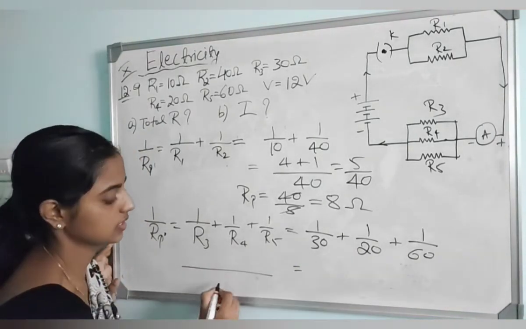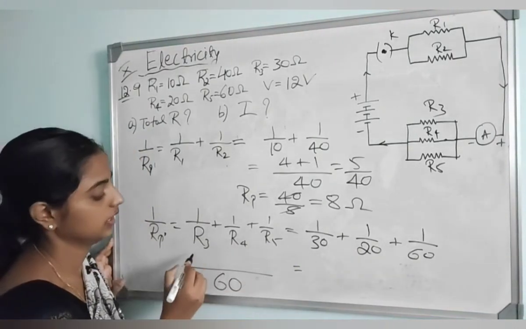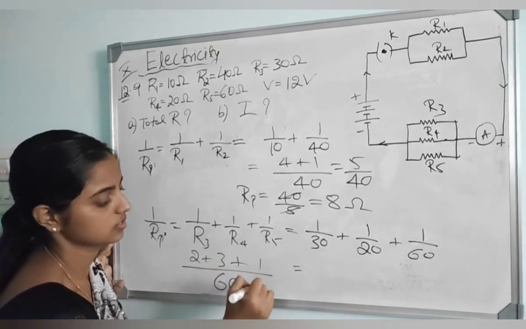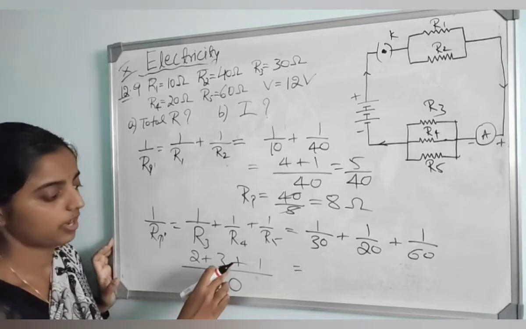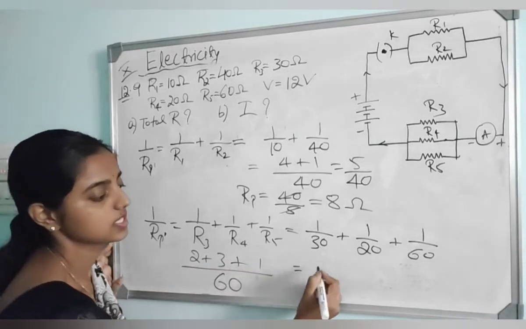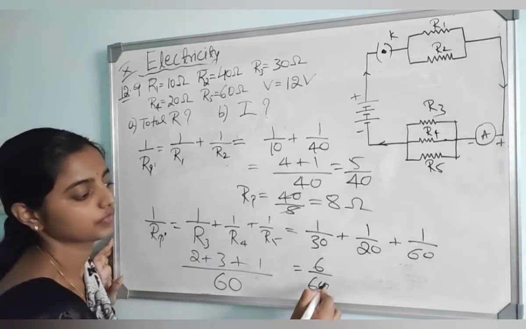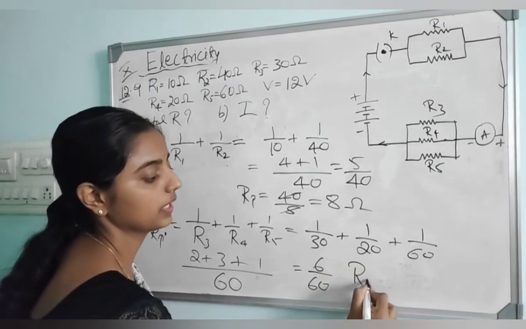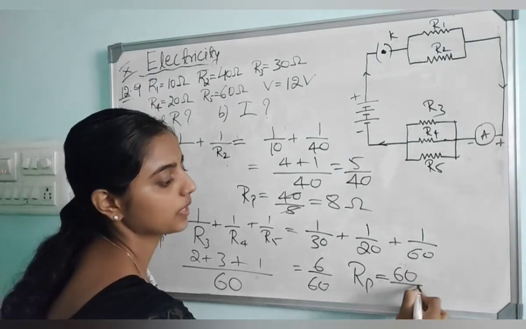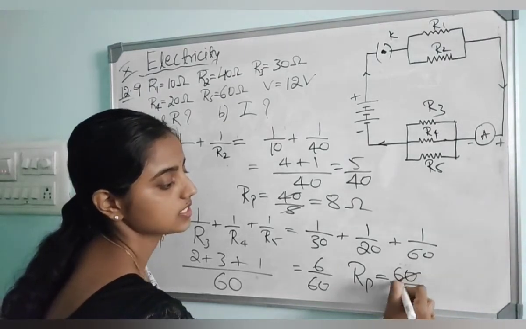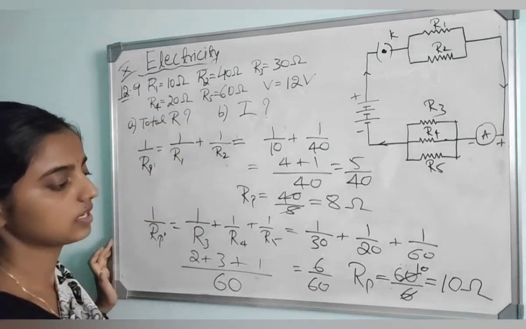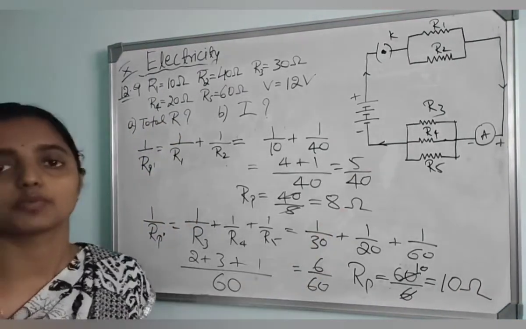So how much will you get? 60. 30 2s are 60, 20 3s are 60, 60 1s are 60, so 2 plus 3 plus 1 is 6 by 60. Next step, reciprocal. So Rp equals 60 by 6, which is 10. So 10 ohm is the answer for the second part.